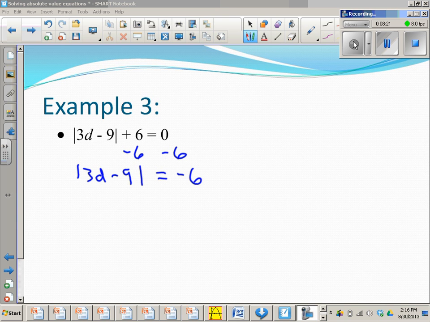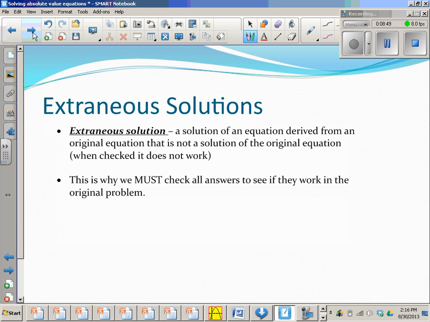We know that absolute value always has to be positive. Here I'm saying that the absolute value would be -6. Is that possible? No, it's not. Absolute value can never be negative, so I can stop this problem right here and say that the solution is an empty set. So I draw my brackets and I leave it empty. This is the empty set. Extraneous solutions.